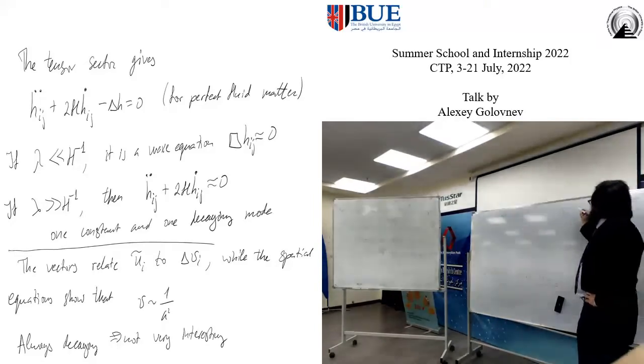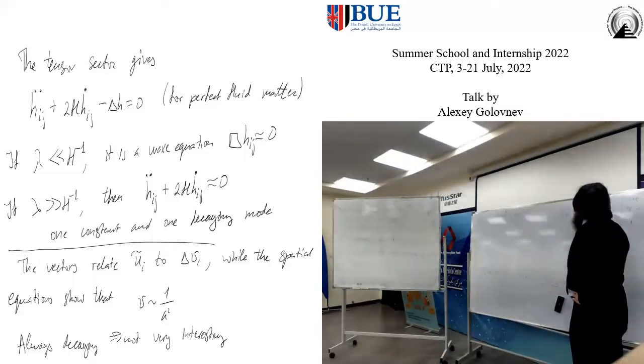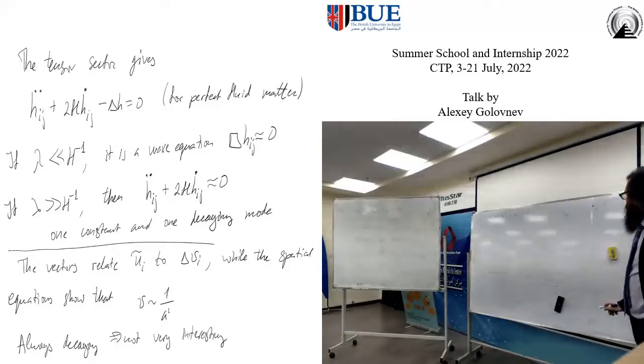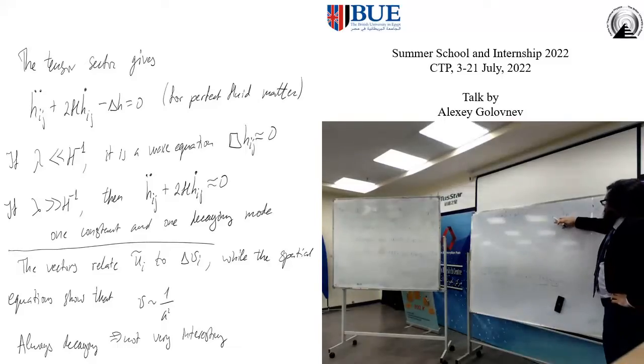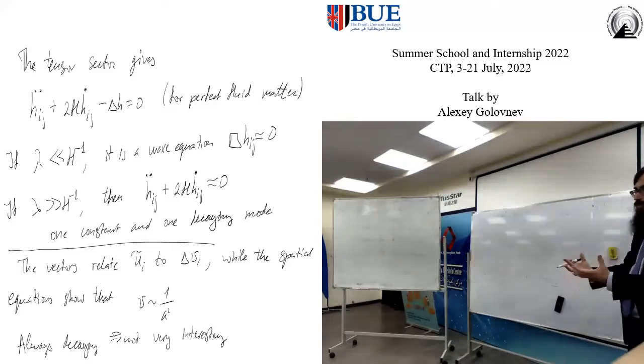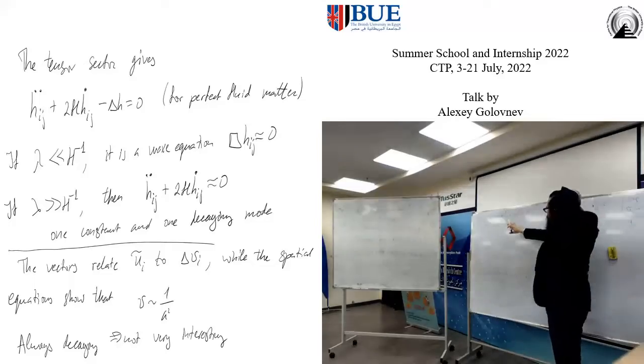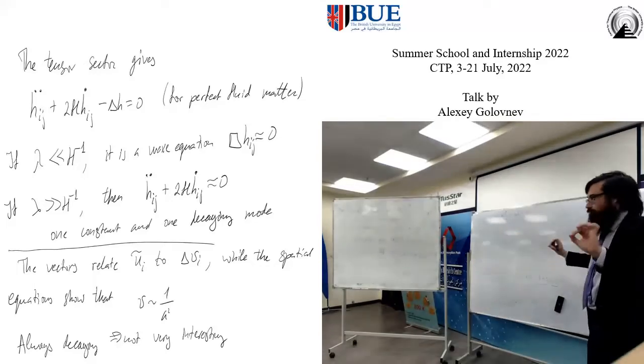So basically, if your wavelength is much less than this guy, your wave doesn't feel the curvature of spacetime. It basically lives in Minkowski spacetime, and you have the usual wave equation for gravitational waves.